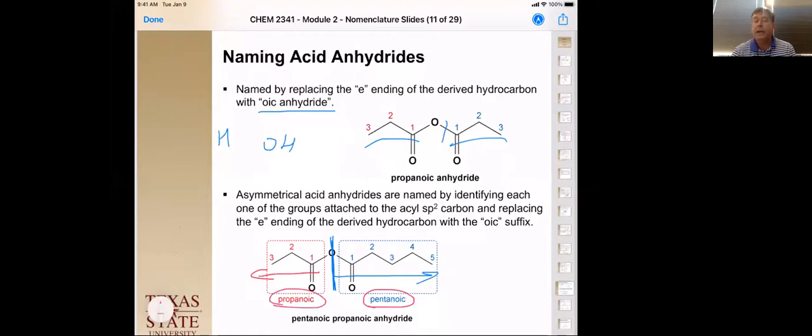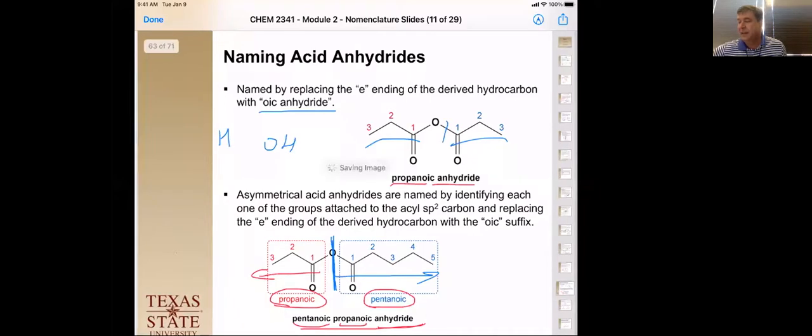This would be propanoic acid. And now we list them in order: pentanoic propanoic anhydride. Okay. So if they're symmetrical, you just need one name. If they're unsymmetrical, you need 2 names. Is that alphabetical order? That is alphabetical order. When in doubt, alphabetical order.